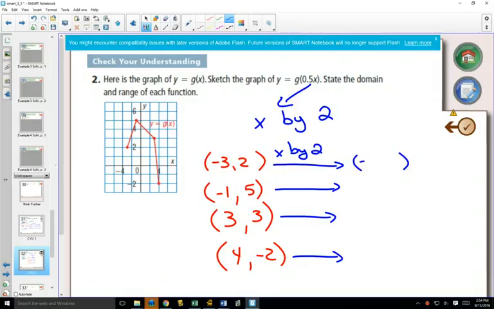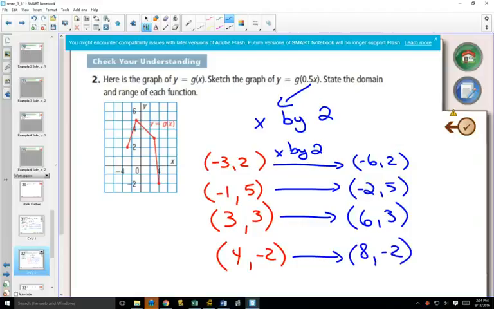And so we can list where all of our new points are going to be.